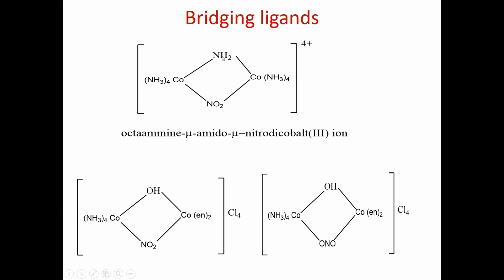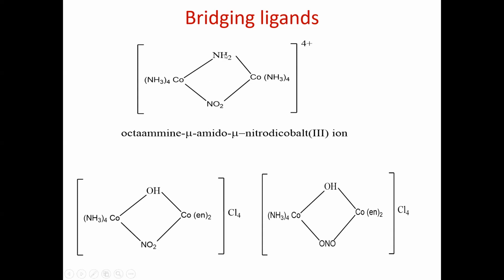Spell amine: A-M-I-N-E. Or amido. You better use amido so that you don't make a mistake in spelling, writing double M instead of one M. So you can use amido.